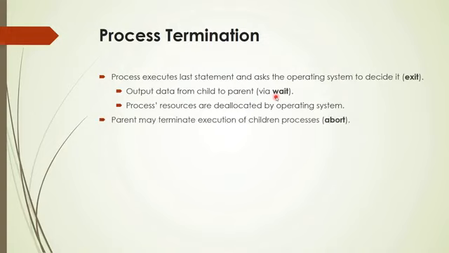The second way is that the parent process terminates all the children processes using the abort system call. So here the parent will be executing the abort system call to terminate all the children. Now why will the parent execute the abort system call? One reason could be that the child has exceeded the allocated resources.